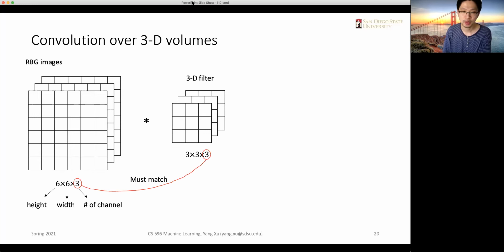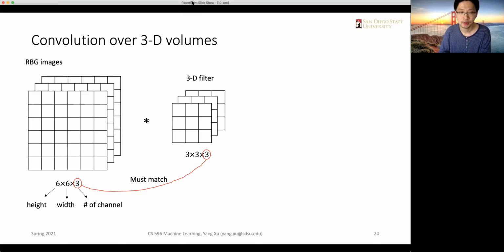Note that the last dimension of the inputs and the filter must match. Otherwise it will be an invalid convolution operation. In order to have a filter applied to the inputs, the filter needs to have the same number of channels as the inputs.